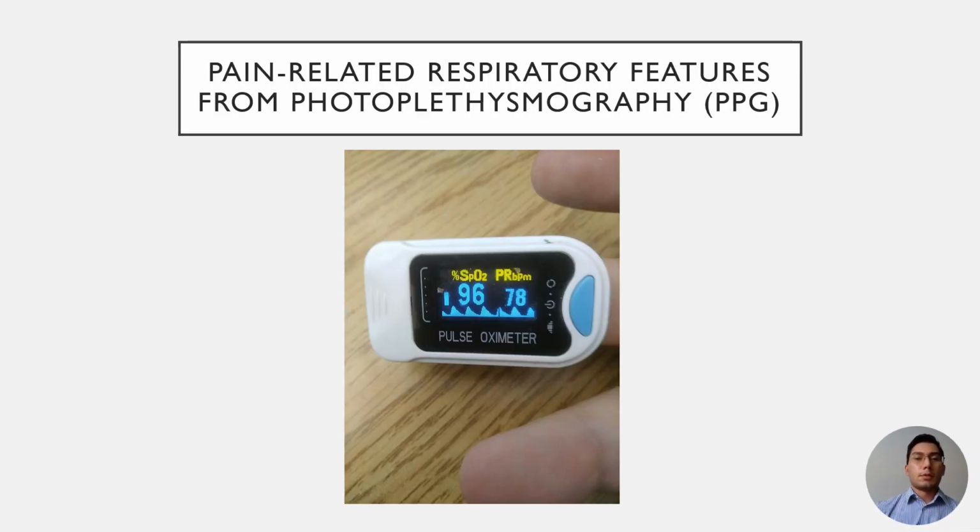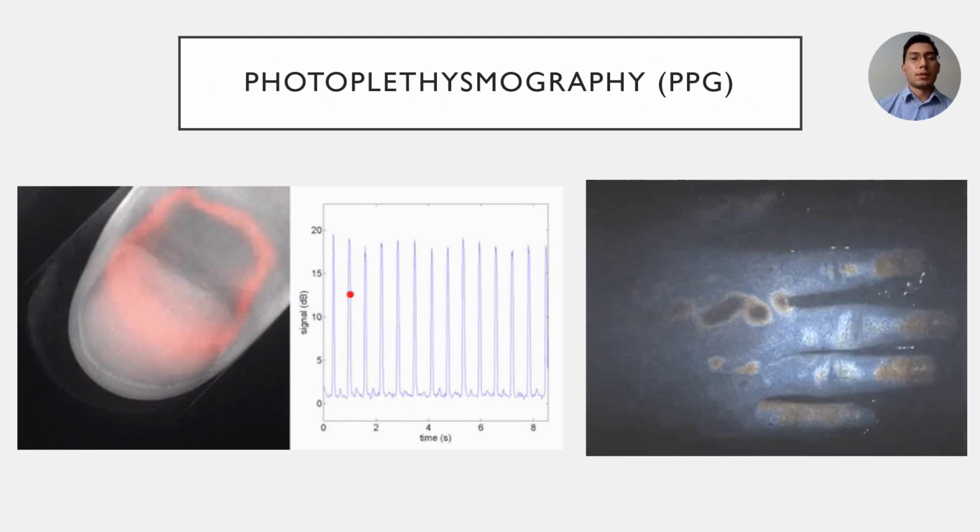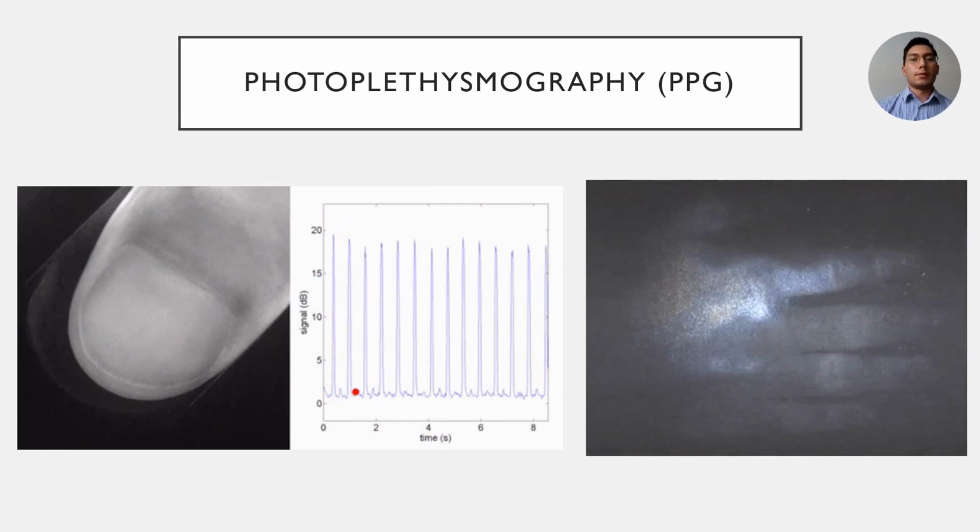So another method researchers tried to use to objectively assess pain was to use the PPG signal from photoplethysmography, which can be obtained from any pulse oximeter. The example of a pulse oximeter is shown on the slide here. Photoplethysmography detects blood volume changes in the microvascular bed of tissue.